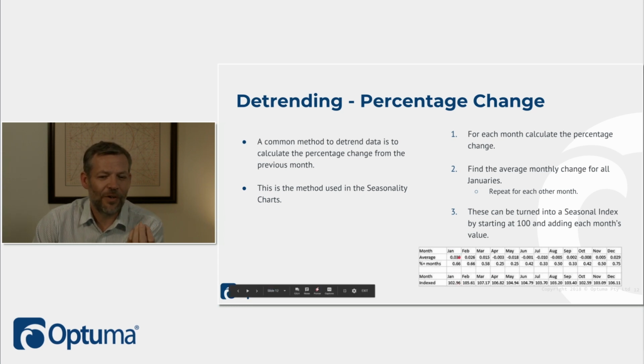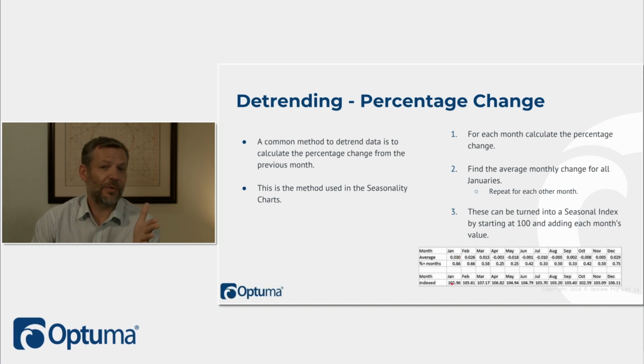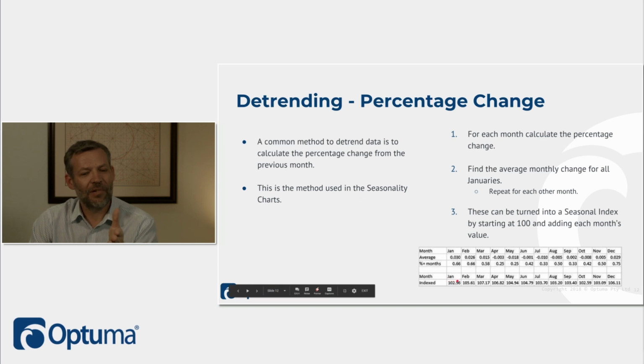And that's why we've got that there. So this is simply just adding. We start with 100, add January's, and we get 103 if I was using the same rounding. Then we add February's effect into that, and we get 105. We add the 2.6, we get 105.6, and then we keep going. So that's all that's going on there.